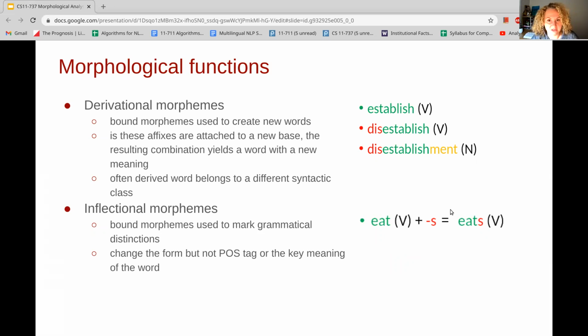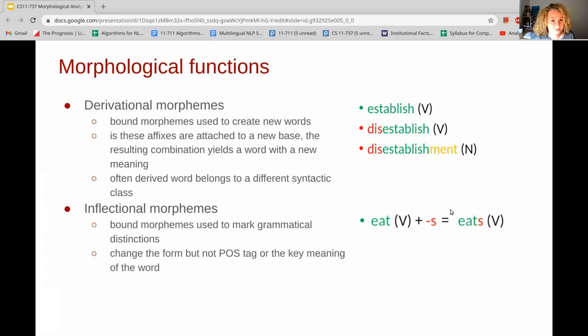Okay, morphological functions. Talking about morphological processes such as concatenation and compounding only tells us part of the story. Our next question is, what are the functions of these operations? The two broadest functional categories of morphology are derivation and inflection.